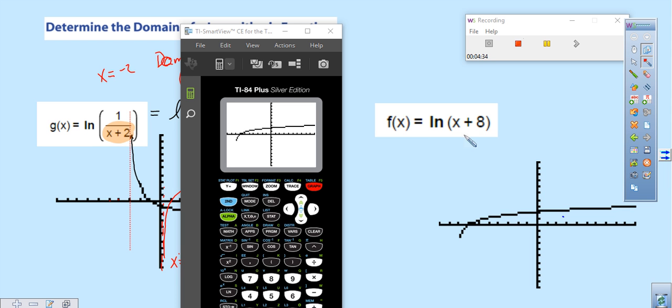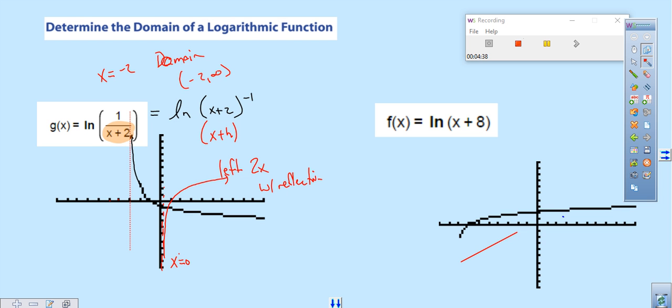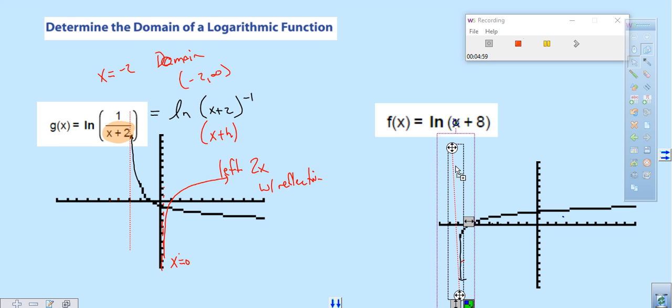Because of that 8 right there, and because we know how asymptotes behave, we know that this graph is going to come down and turn the corner like this. And so there's 1, 2, 3, 4, 5, 6, 7, 8. And so I have this vertical asymptote at negative 8. Sorry about that. It's not drawn very well, but you get the idea.